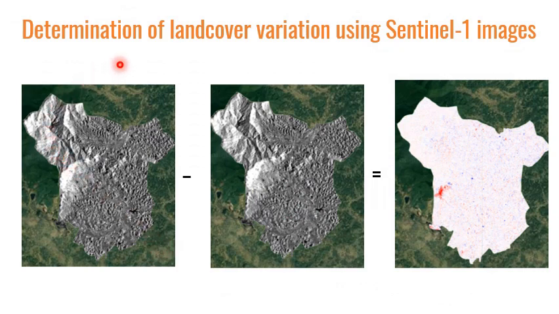The other example is to detect the land cover change, land cover variation. In this case, I check the change between two images, the first and the second. It is very simple: take the subtraction between the second and the first images, the second minus the first, to detect the change.